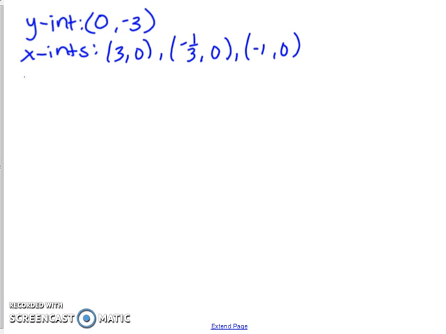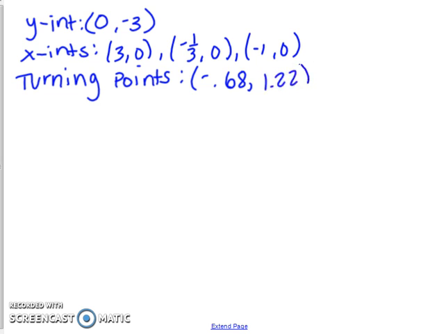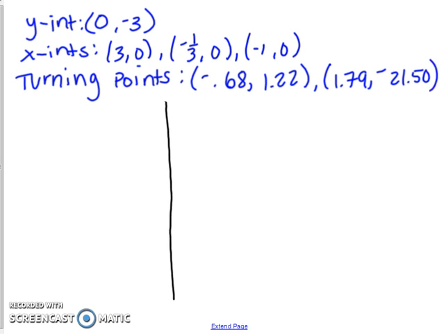And then I have to find my turning points. So we're going to plug that into the calculator and find the maxes and the mins. Okay, so I'm going to round to 2 decimal places. So that's going to be my maximum, and then this is my minimum. Once I have this information, I can go ahead and graph.